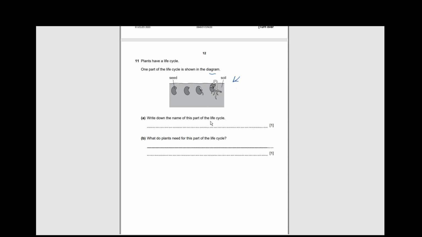Write down the name of this part of the life cycle. We'll say this is germination.